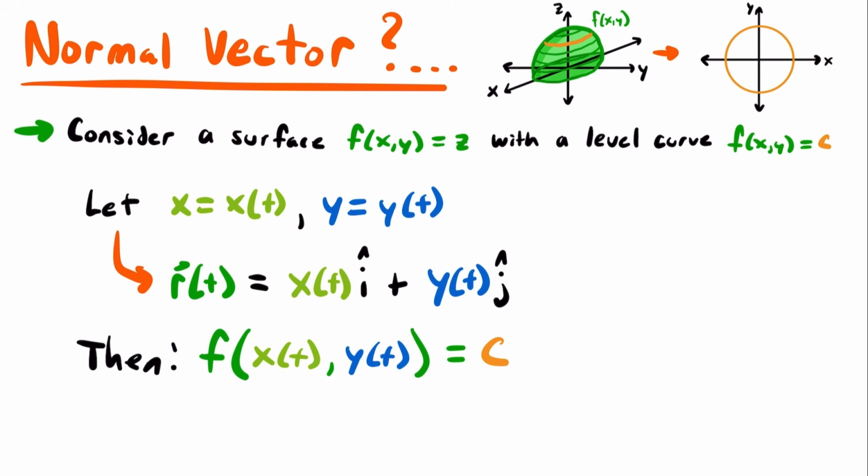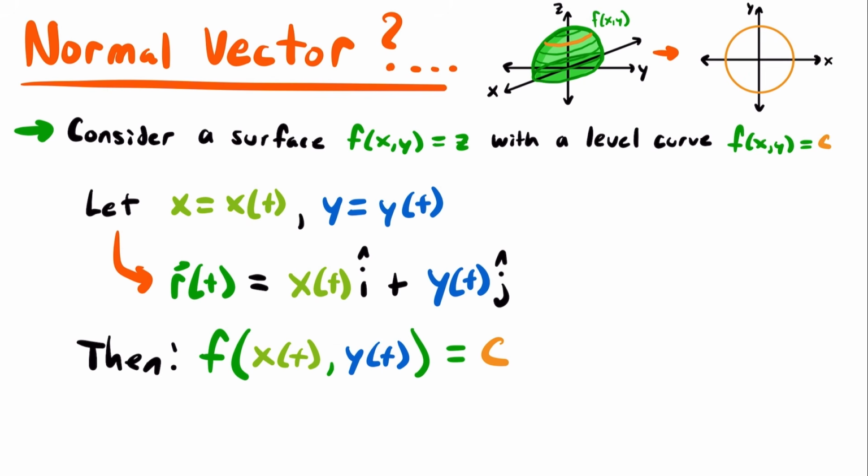And then what we can do here is take a derivative of this function, which now that the function is defined in this way, would require the use of the chain rule for multivariable functions, right? In this case, the function f is defined in terms of two intermediate variables, x and y, that are both defined in terms of one independent variable of t.